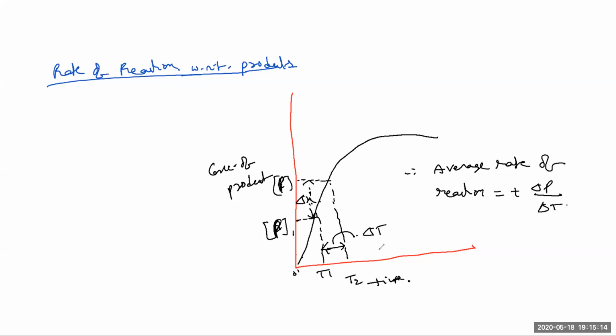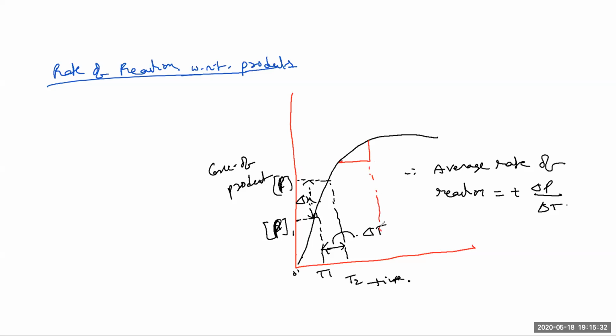Here you know what is meant by plus: appearance of the products or increasing the concentration of products. And now we can take this one tangent. What is this time?